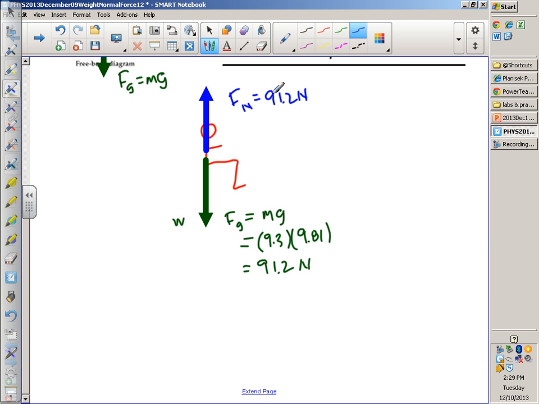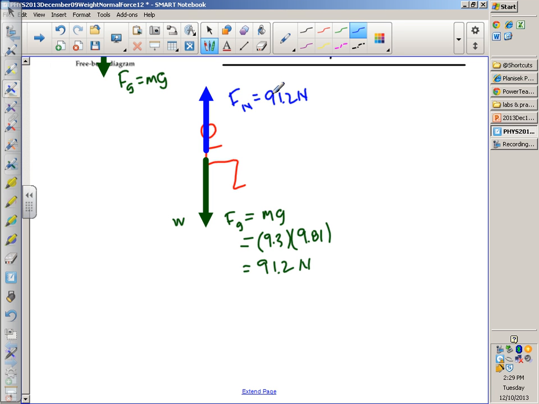Now, some of you might be thinking, because I know this question comes up, when I ask how big does it have to be, your first reaction might have been at least 91.2. But can it be anything different than 91.2?